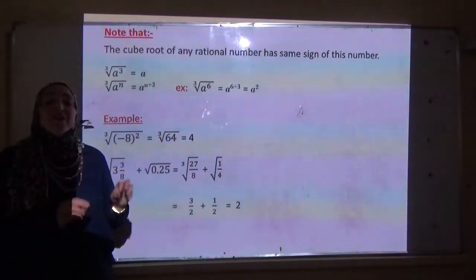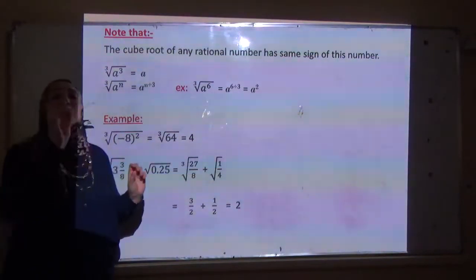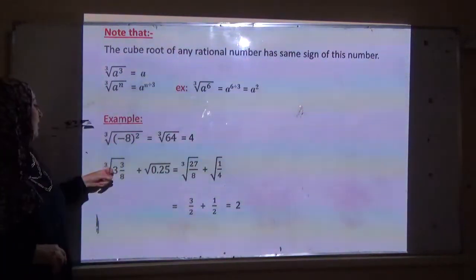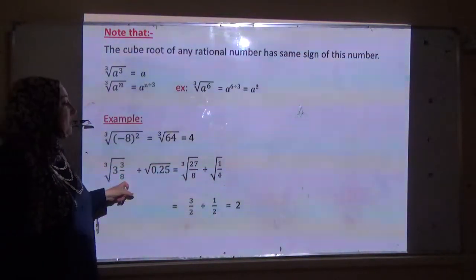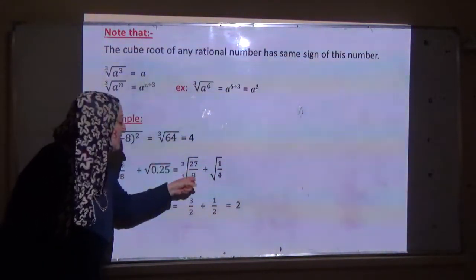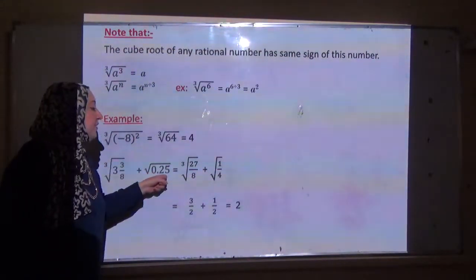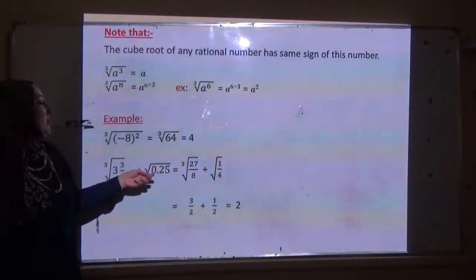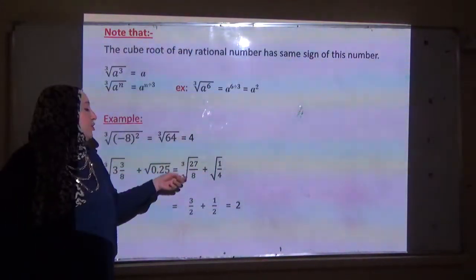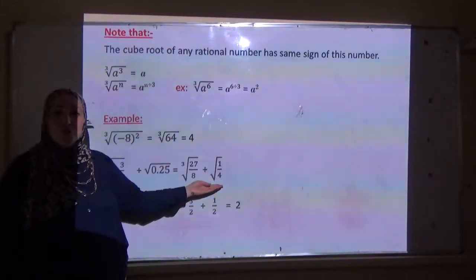We have to convert each one into a fraction, or rational form. 3 and 3 over 8, when we convert it to a rational number, is 27 over 8. 0.25 equals 1 over 4. Then our example: cube root of 27 over 8 plus square root of 1 over 4.